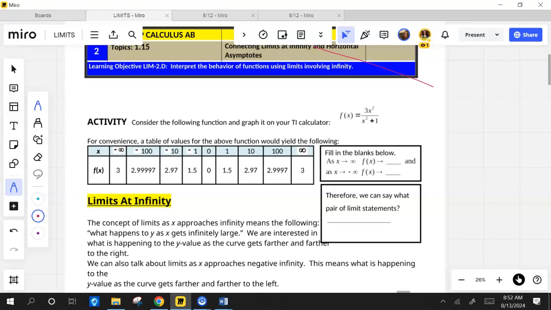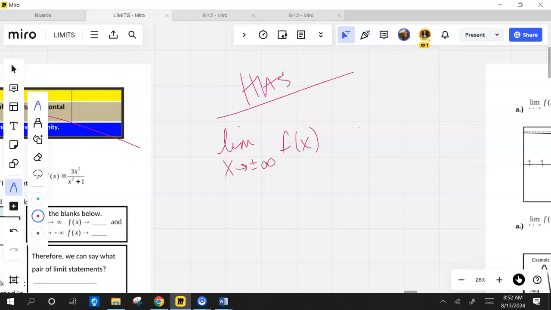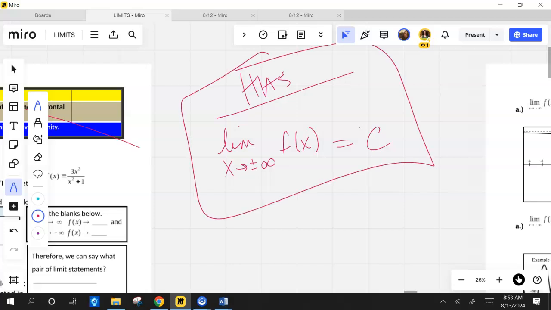Now, vertical asymptotes: as I approach a constant, I get infinity. Horizontal asymptotes are a little bit different, and I'm kind of skipping around in this section, so I'm really sorry that I am. I'm going all the way back, and then I'm going to come back to how we evaluate algebraically. But horizontal asymptotes: if I ever approach positive or negative infinity, and I get a number, that is the definition of a horizontal asymptote.